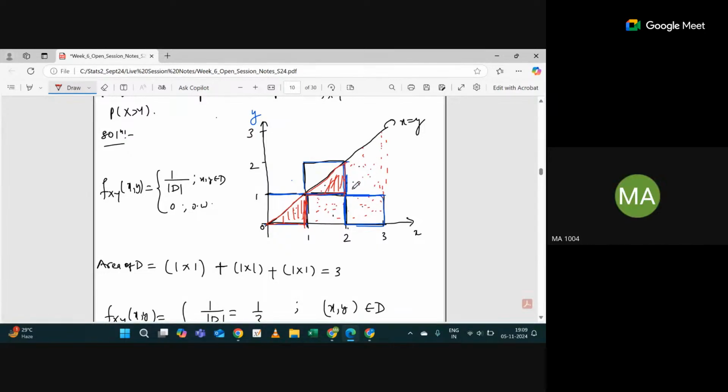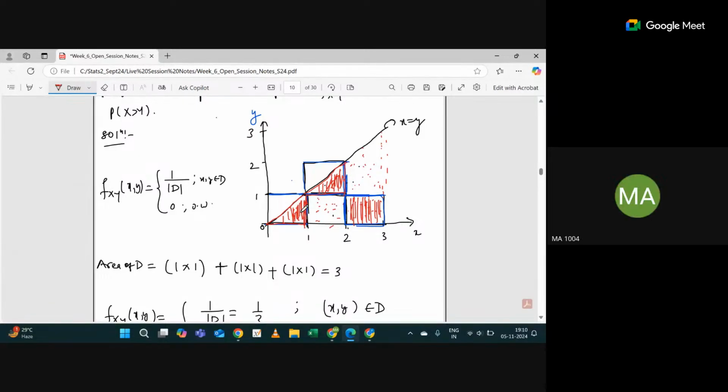So for this line, I can add the area of these two triangles and the area of this square. So these are the areas in which we are interested. Is everyone getting it?